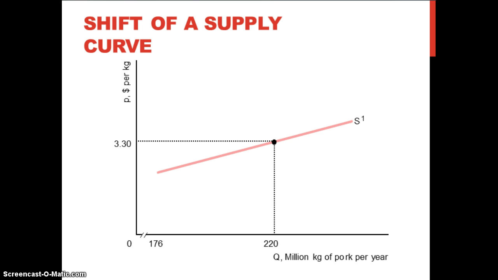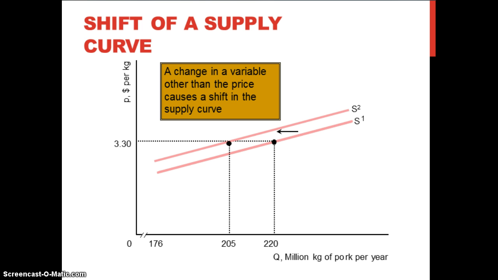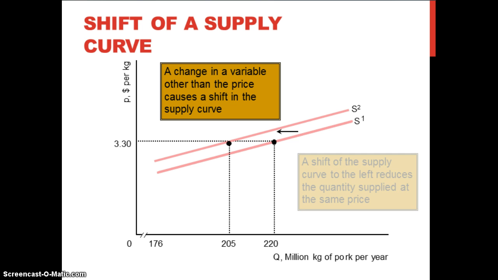So when factors other than price change, the supply curve shifts leftward in this case, and then the shift of the supply curve to the left reduces the quantity supplied at this price. And again, the same as the demand curve, the shift of the supply curve doesn't change the price.